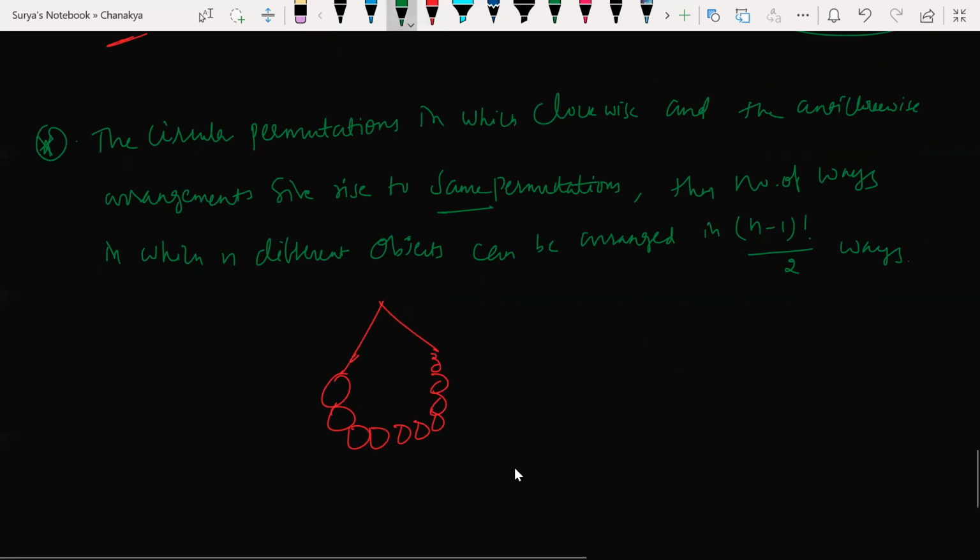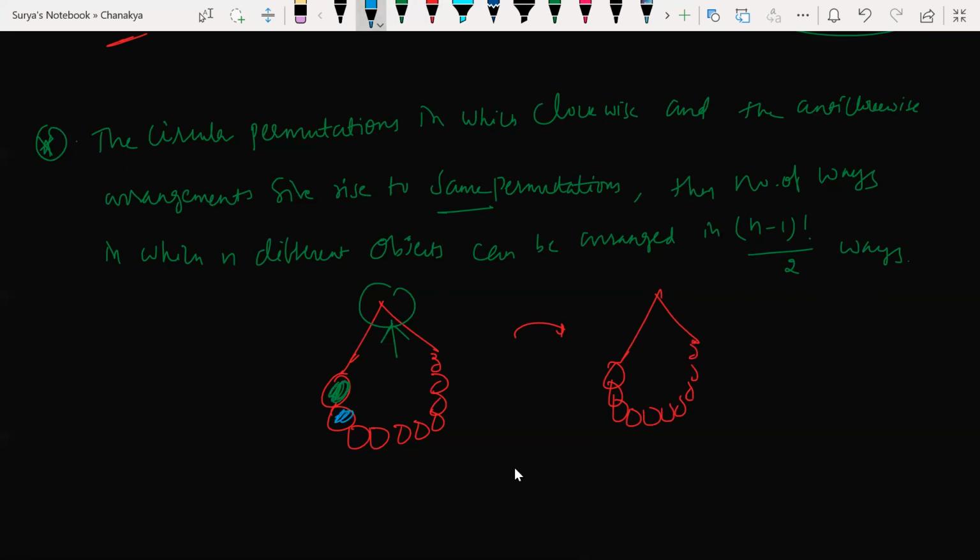Imagine you are wearing that necklace. Even if you wear it in whatever direction you want, you tilt it, rotate it and wear it, it still shows the same colors, right?